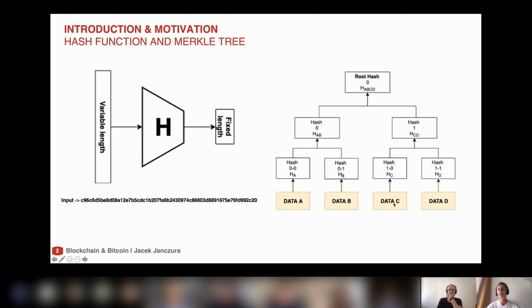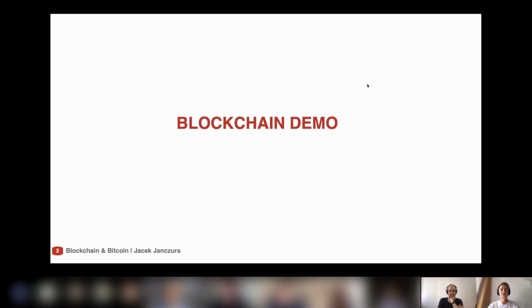The same for data C and D. And at the end, we've got a root hash, which is the hash of AB and CD, which is the hash of ABCD. And why is it important? It's important for fast integrity checks and identification of corrupted data. In case we try to corrupt data C or change something, even 1 bit, this hash will be different, this hash will be different, and the root hash will be totally different. So it's super important.